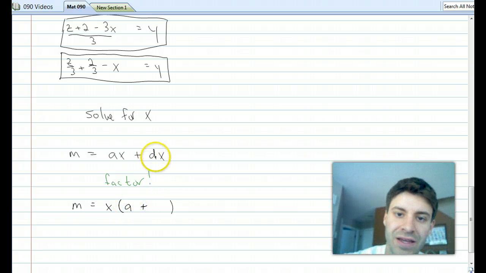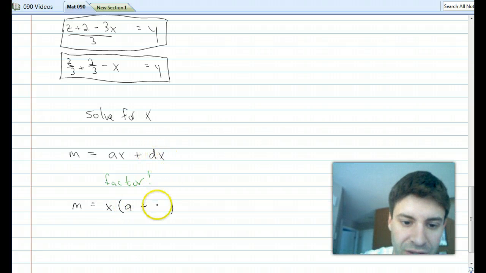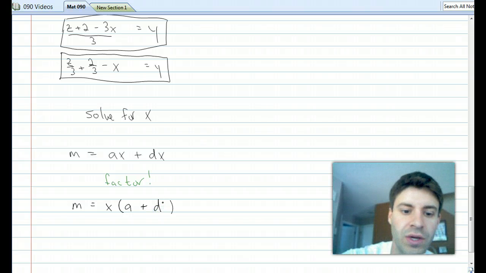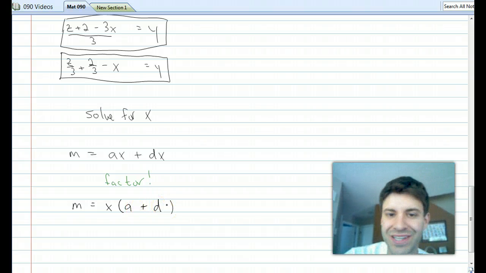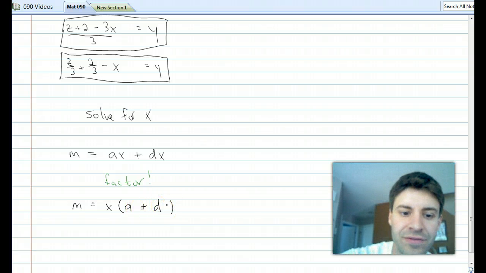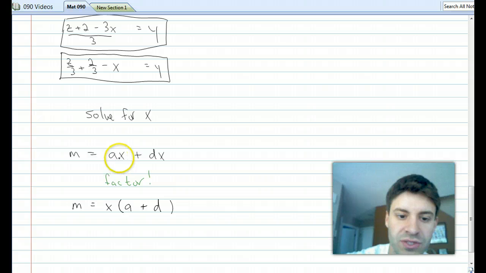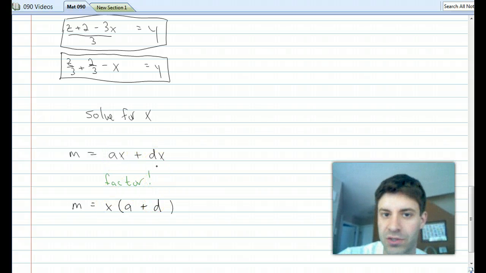If you take an x out of the dx term, what you're left with is just a d. So we've rewritten the ax plus dx part as an x times the quantity a plus d. You can tell that that's true because you can think of what would happen if we redistributed this x through the parentheses. You get an x times a, which is ax, and an x times d, which is dx. We'd get right back to where we started.